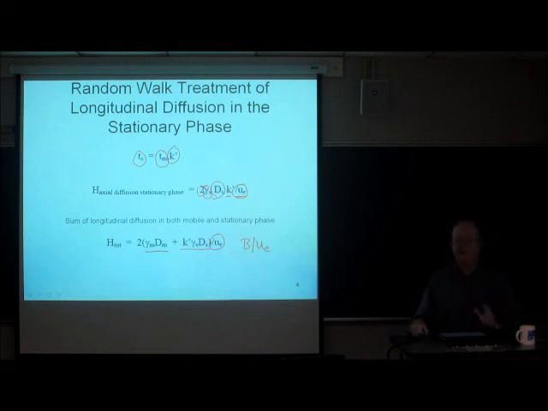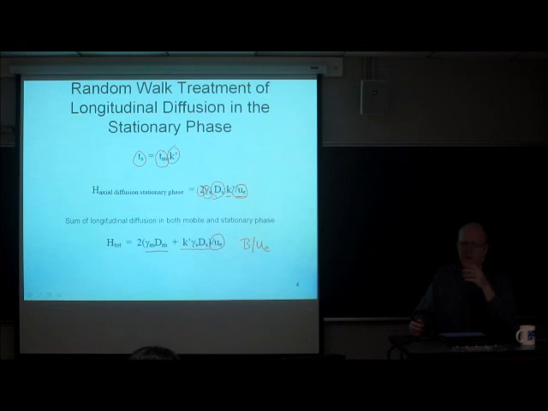Now, in gas chromatography, the mobile phase is a gas, obviously. The stationary phase in gas chromatography is typically a polymeric liquid. Now, the ratio of diffusion coefficients in gases to liquids is immense. 10 to the 3, 10 to the 4.